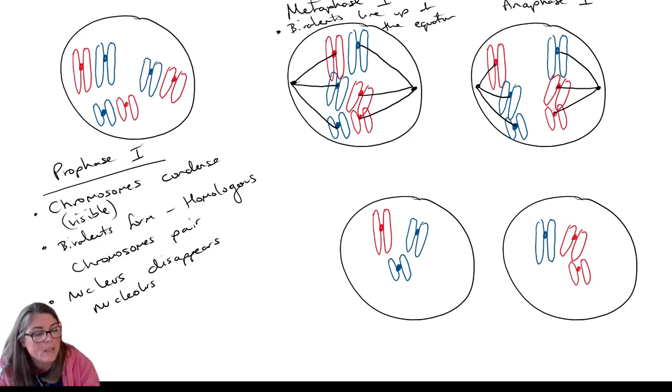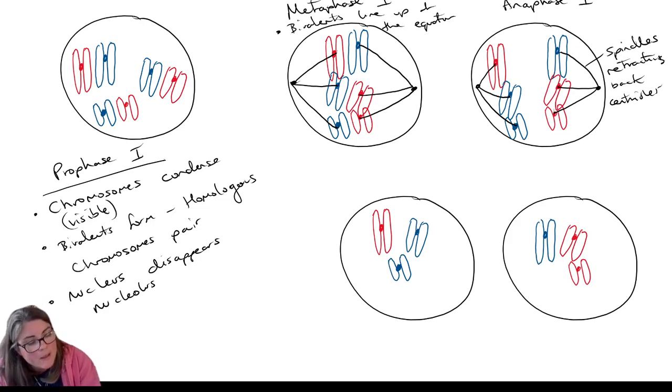In anaphase 1, the spindles are retracting back to the centrioles. What's that going to do? That's going to separate my homologous chromosomes.